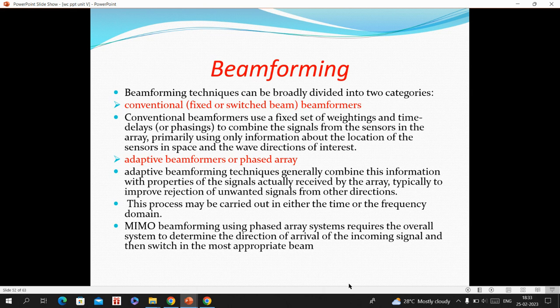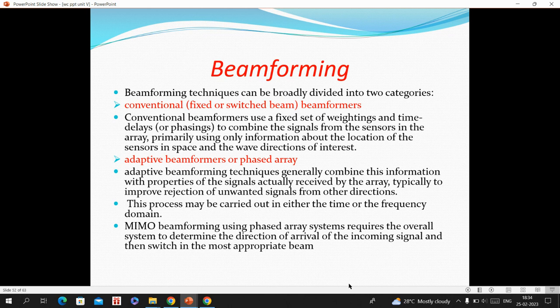This is the conventional case, when the user is in a fixed place. If the user keeps moving, the transmitter has to scan periodically to update the user location. Then, by adjusting the phase and the attenuator, we can transmit in the particular direction. That beamforming is called adaptive beamforming.